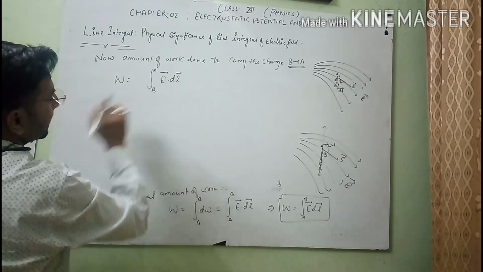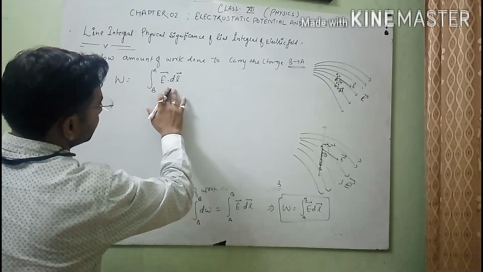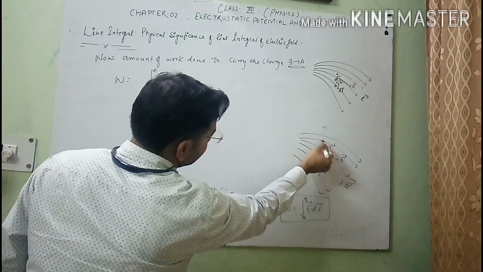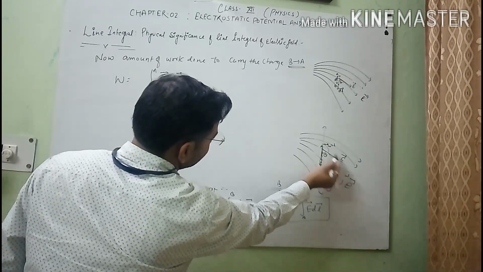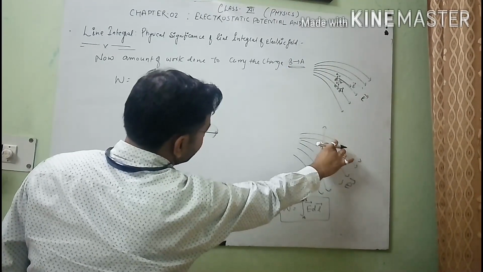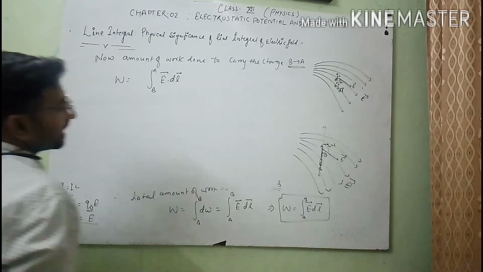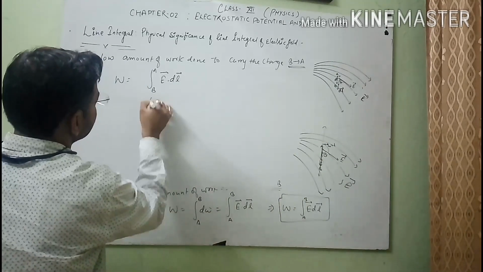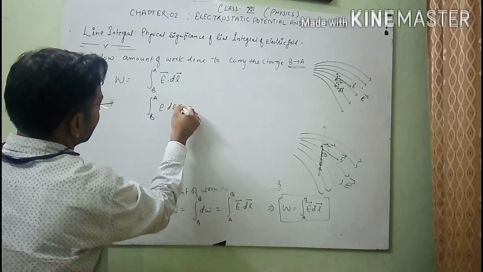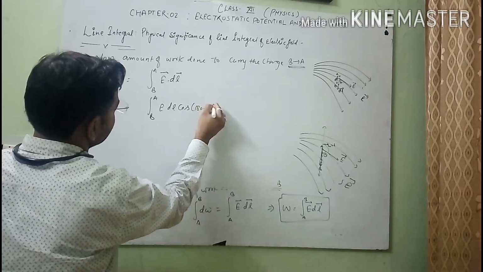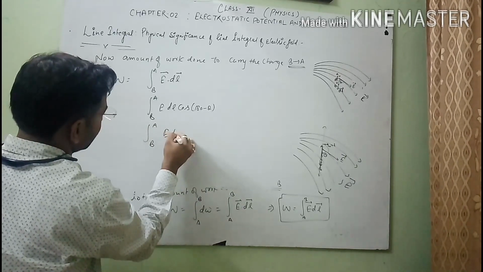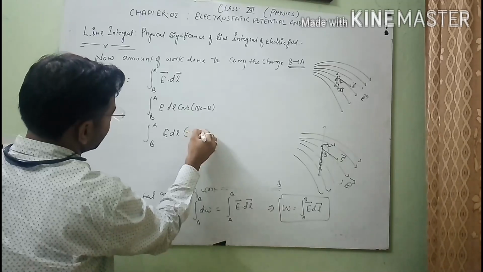So see, here we are carrying the charge from B to A, and you can see easily that the angle between the electric field and the direction of B to A displacement is 180 minus theta. So I will use B to A, E dl cos(180 minus theta), which is minus cos theta.